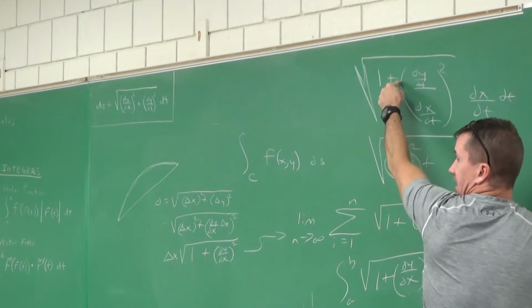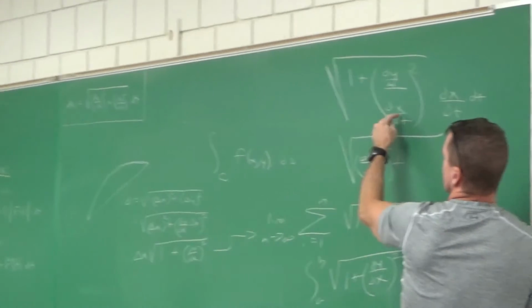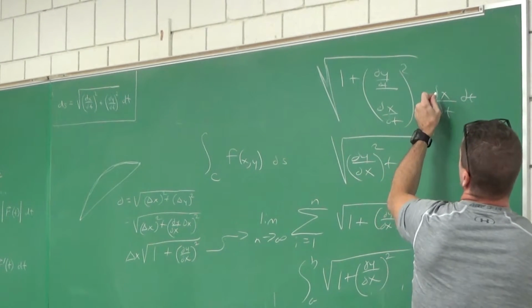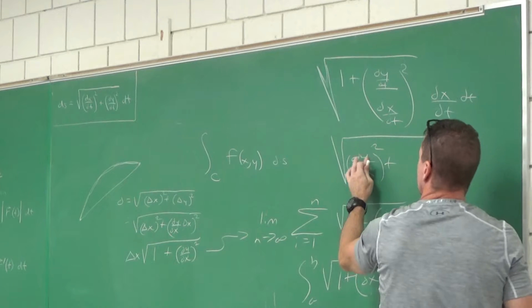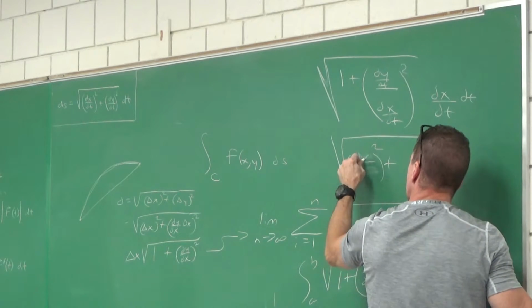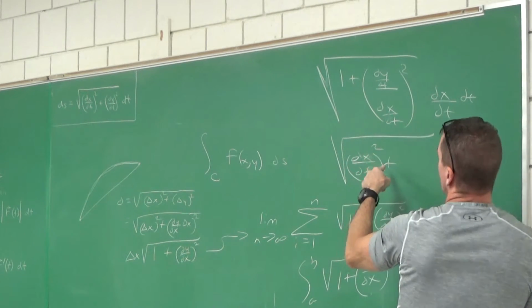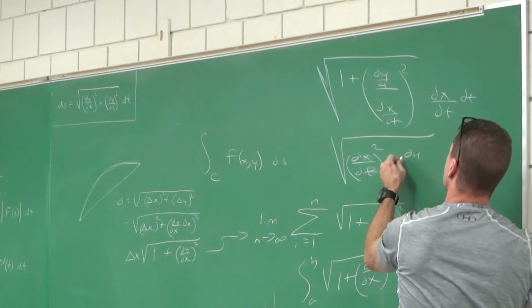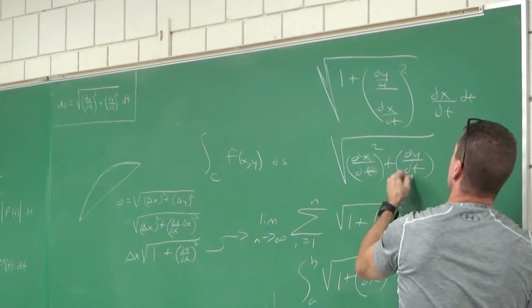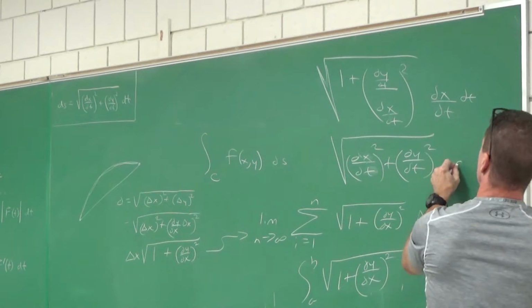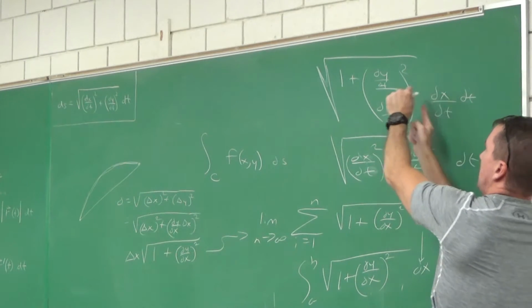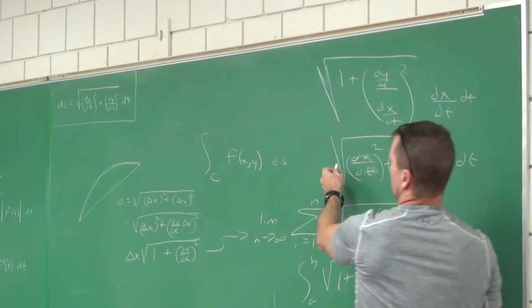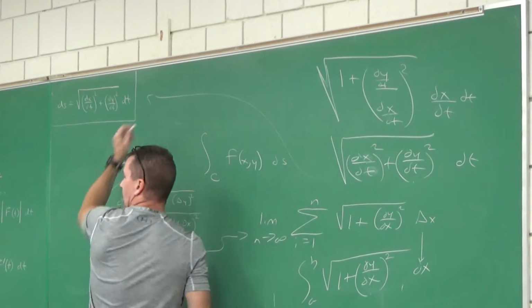When I put it in here, it would be dx/dt squared, and when I multiply inside, it's going to cancel that out. Then you'll just be left with that. So all I did is put this back in the radical and distribute, and look what happened. We just formed what we call ds.